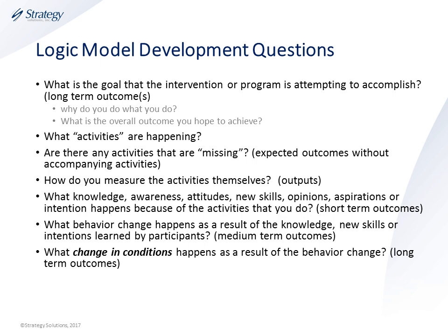They don't track them. They know them intuitively. They talk to people about them, so they have the outcomes anecdotally. They just don't track them. If you ask yourself these questions and identify those indicators in your logic model, well, now I can sit down and say, how do I measure this stuff? And then what change in condition happens because I changed an attitude and then I changed behavior, that becomes my long-term outcome.